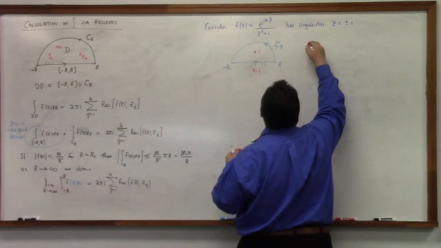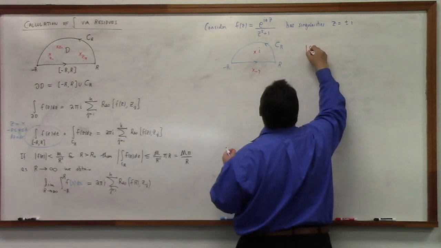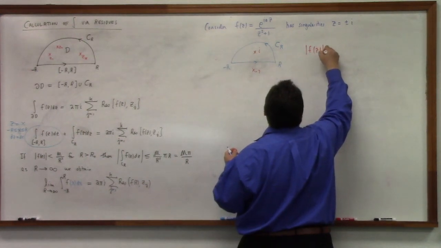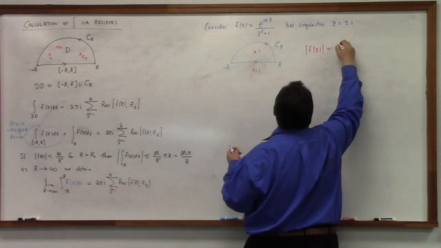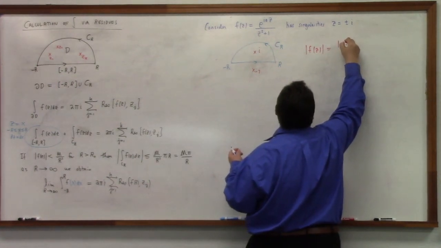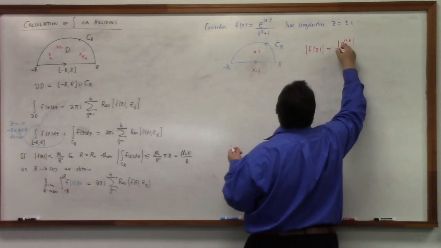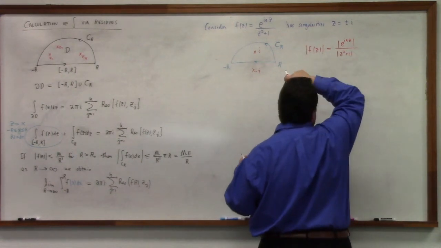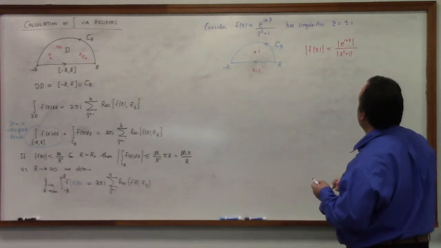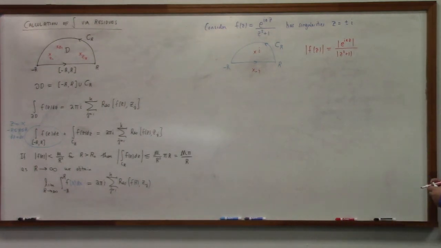And the thing is, the modulus of f of z is equal to the modulus of e to the iaz over the modulus of z squared plus 1, yeah? And what's the modulus of that? Well, I think it's a little fussy, isn't it?